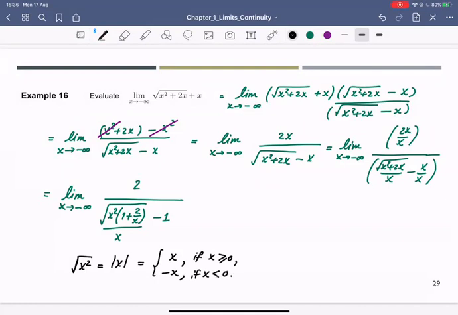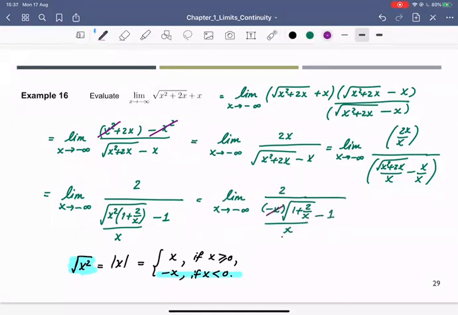And of course, because x goes to negative infinity, you have to use the negative sign. So that means as x goes to negative infinity, this is 2 over negative x times square root of 1 plus 2 over x, minus 1.